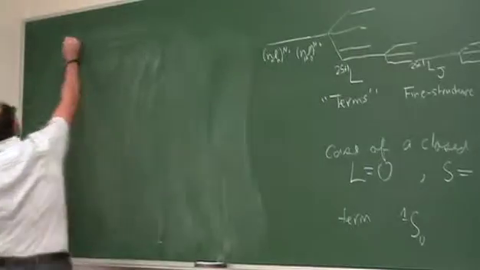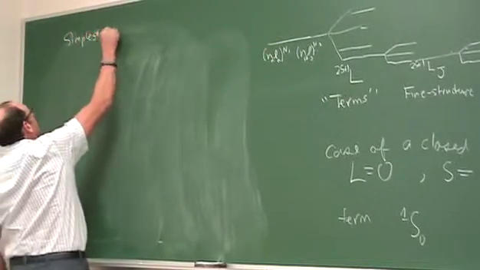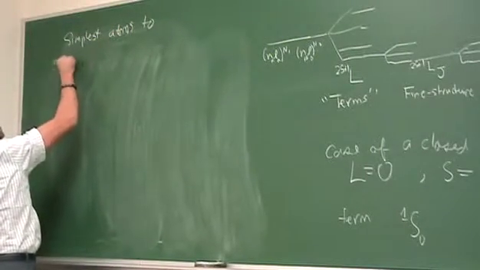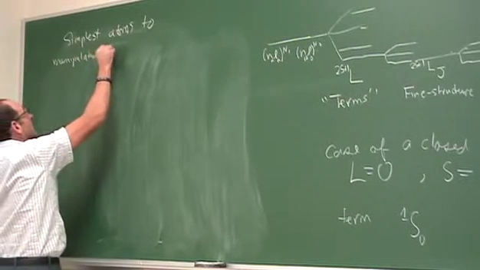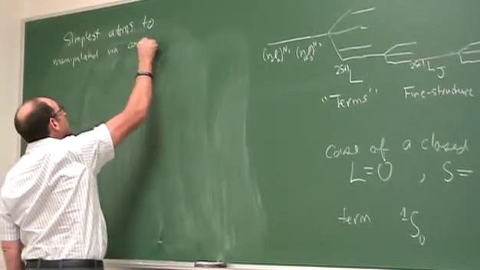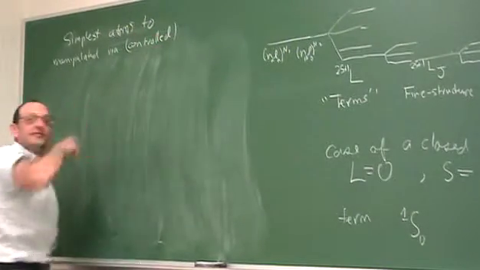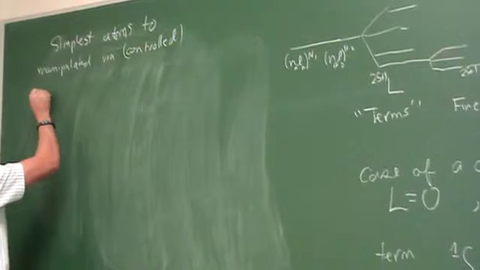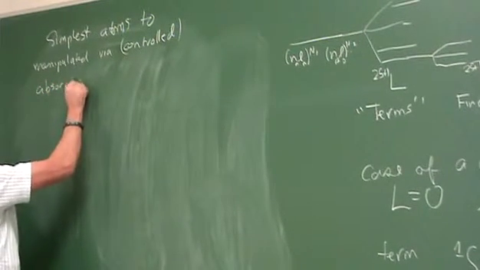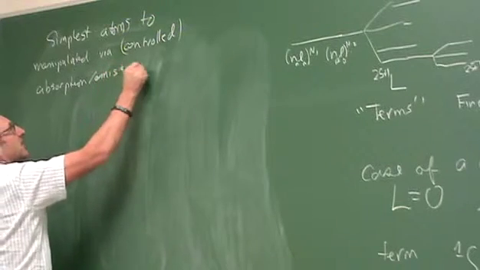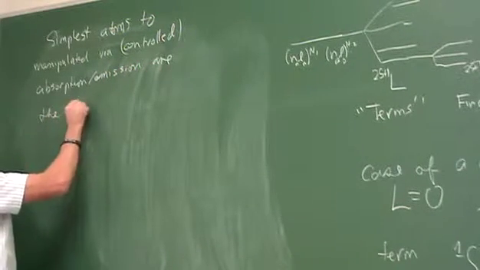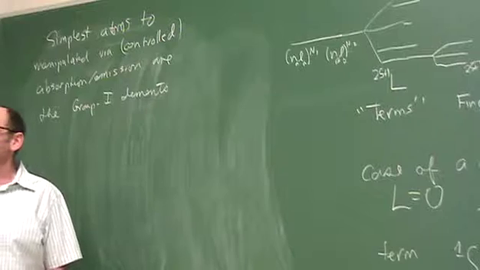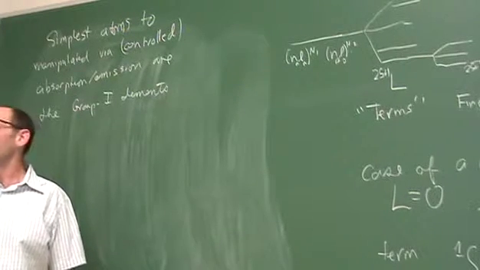So the simplest atoms to manipulate via absorption and emission (controlled, put that in parentheses, we don't necessarily have to control it, but ultimately that's where we want to go) are the group 1 elements of the periodic table, because the group 1 elements have one optically active electron, period.